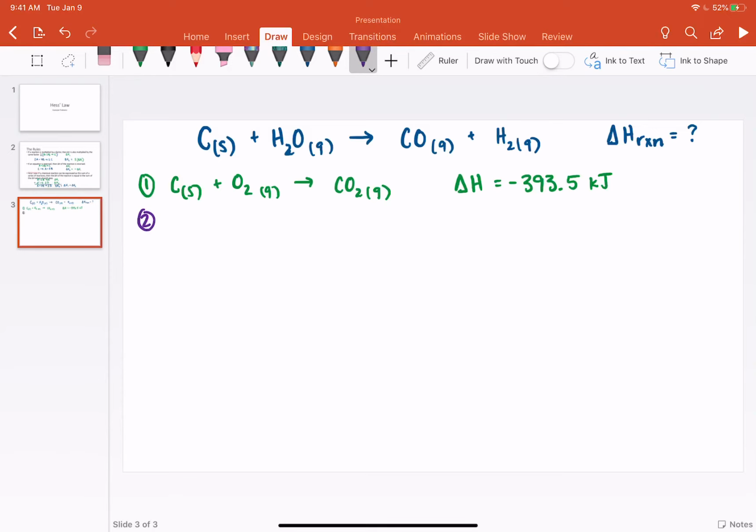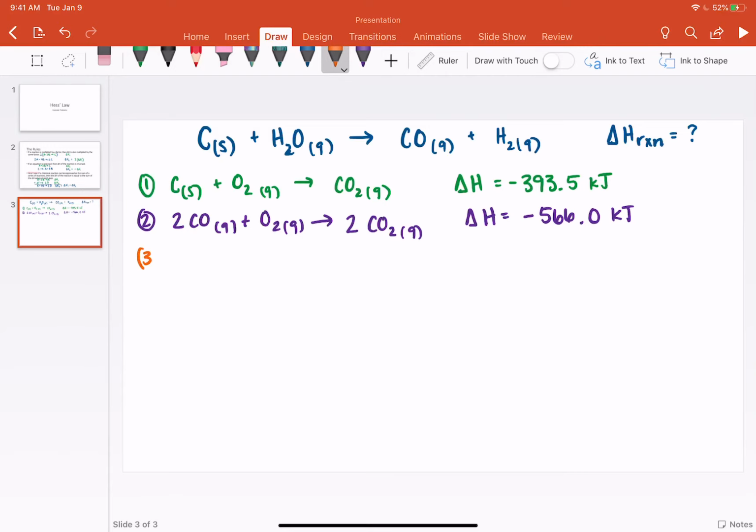We have a second reaction, 2CO gas plus O2 gas yields 2CO2 gas. And the delta H value for that reaction is negative 566.0 kilojoules.